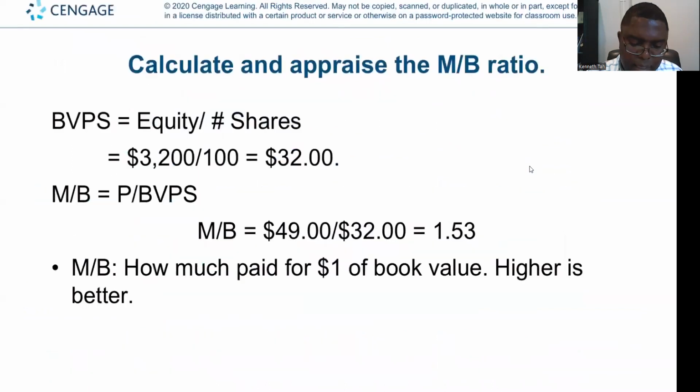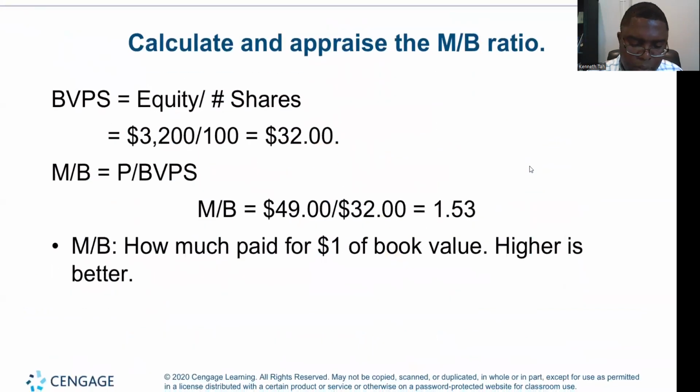All right, the next ratio we want to look at is what we call the book to market. The book to market ratio is basically the price divided by the book value per share. So it's important for us to calculate the book value per share.